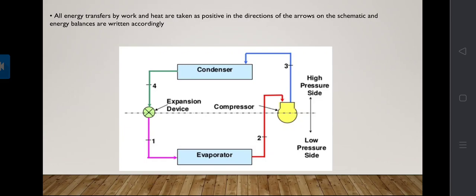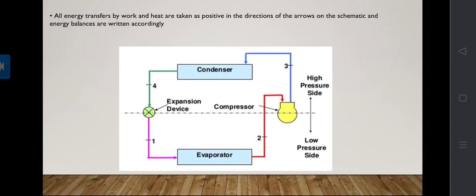Next, 3 to 4 is the condenser where the condensation process takes place: the high pressure refrigerant vapor after compression enters the condenser, and the cooling medium absorbs the heat and converts the vapor into liquid in the condensation process.